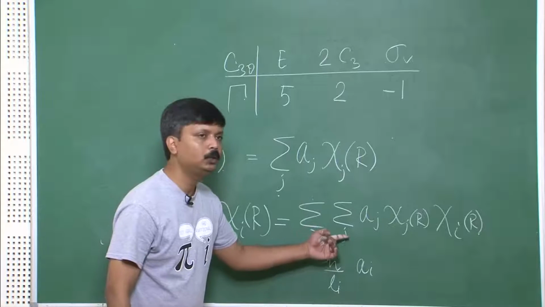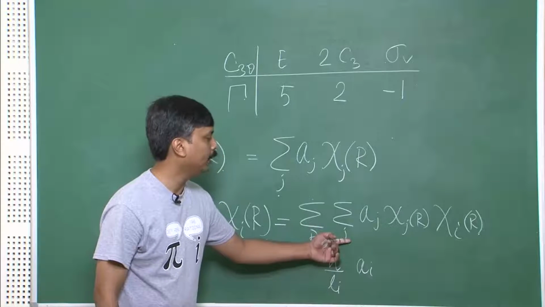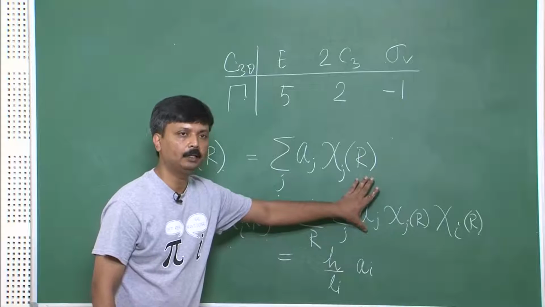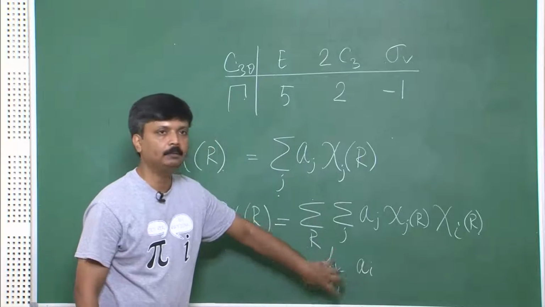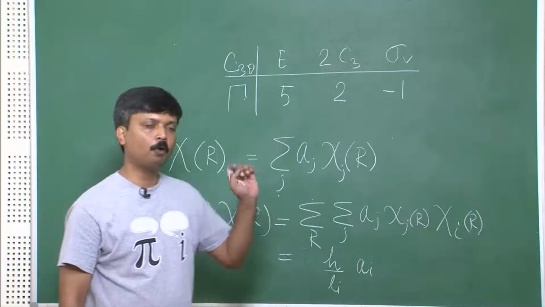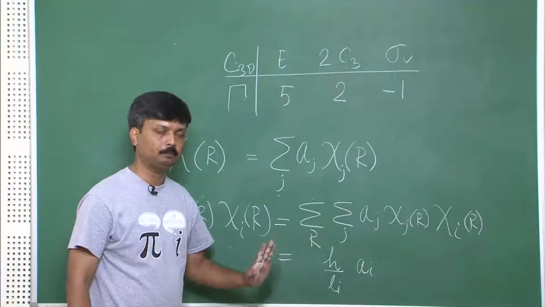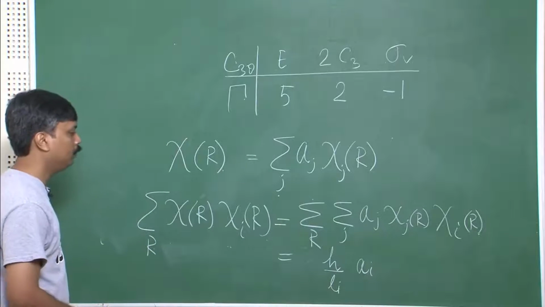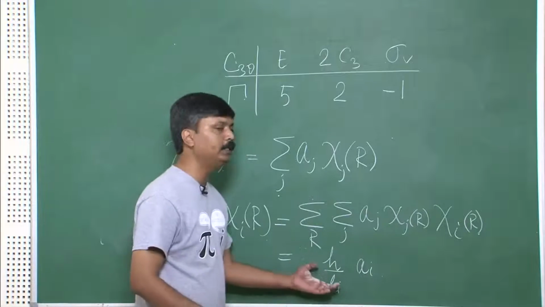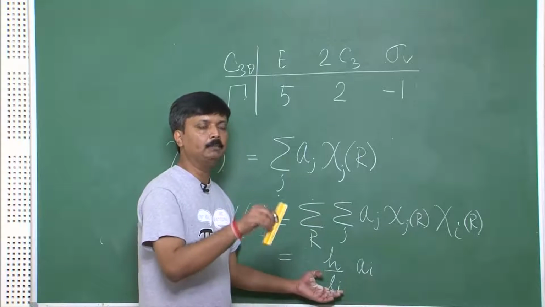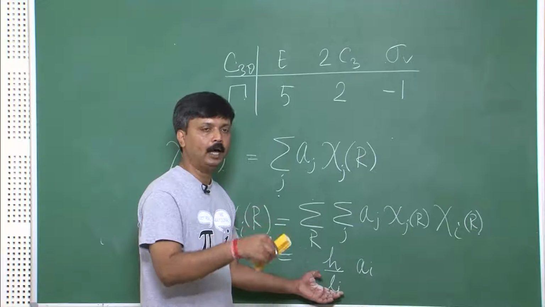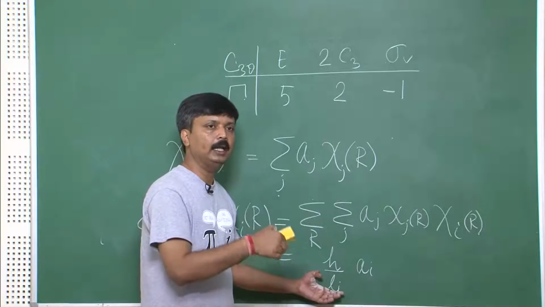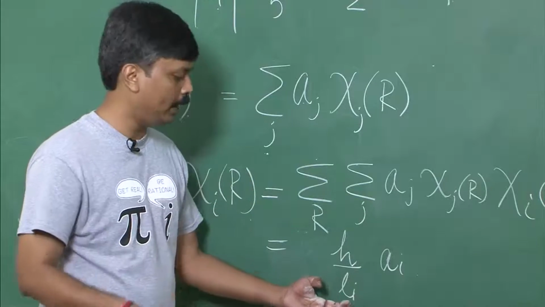Because when j equals i, then only this part can survive and can give this value h by li. Okay, li is a dimension. For one dimensional, li equals 1. This comes from that term in the great orthogonality theorem, that h by root over li lj, when i equals j, then it is li square. So root over li square, I am getting this li.